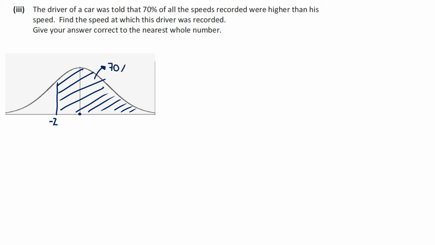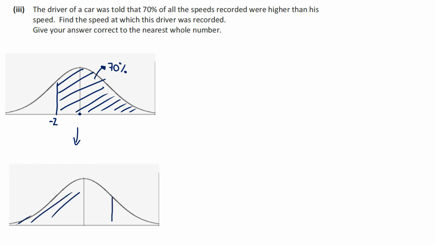Now this is only a sketch for me to get my head around it. Now I can't go to the log tables because the log tables don't have negative Z's, they only have positive. So I'm going to work with a second diagram, and what I'm going to say is, well, if we work with the negative, it's actually completely symmetrical, so this will match if I do something like this.